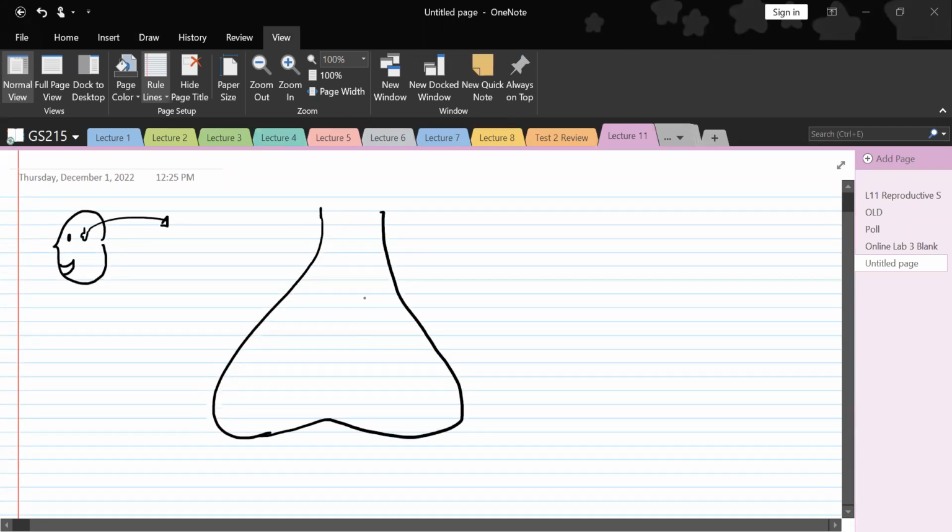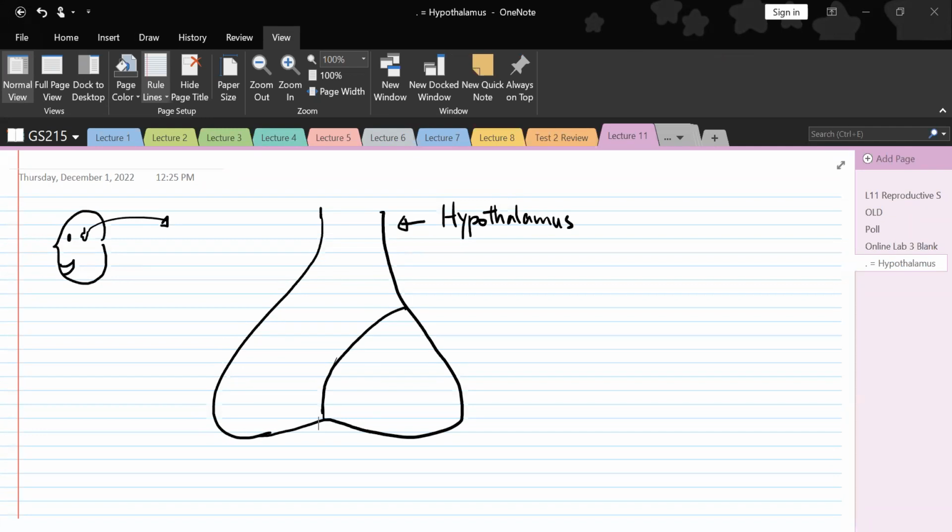Over here, we have the hypothalamus. And down here, connected to the hypothalamus, is the pituitary gland. Now, the pituitary gland has two parts.